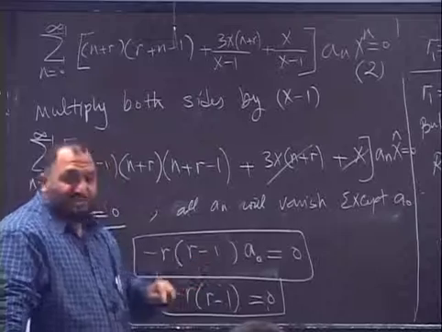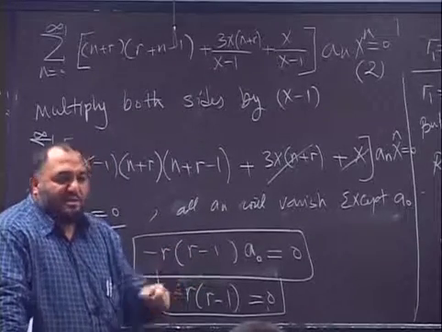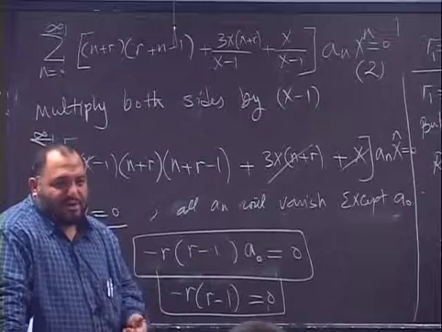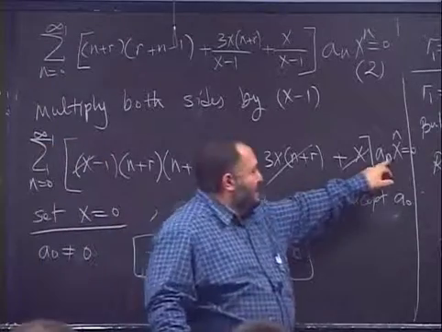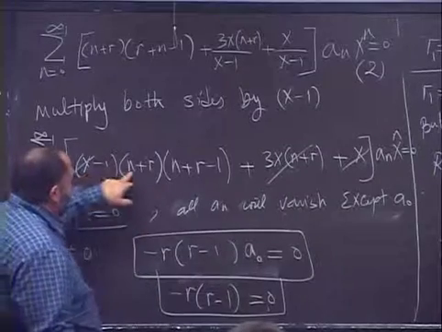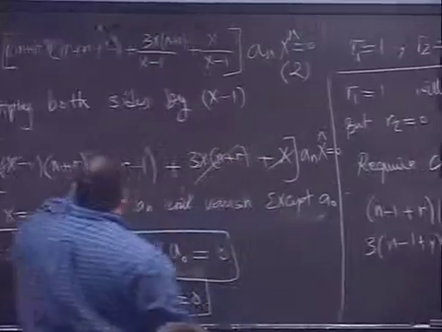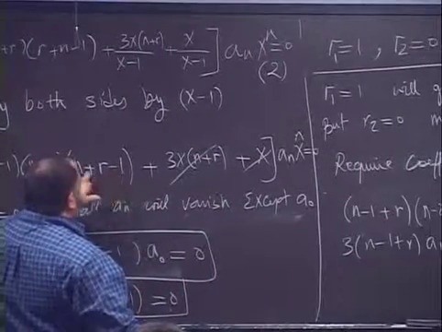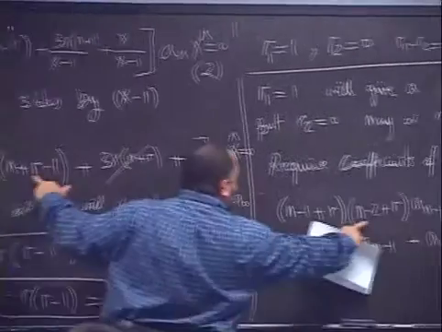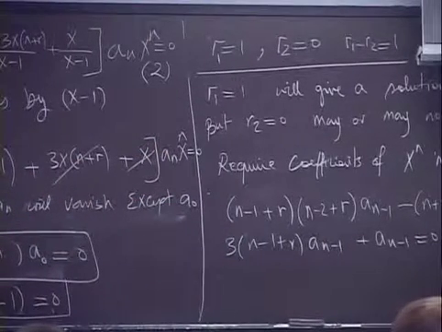When you substitute n equal to n minus 1, this will give you a_(n minus 1), and the coefficient will be (n minus 1 plus r), and n minus 1 minus 1 is (n minus 2 plus r), the first one. Okay guys, did you understand?